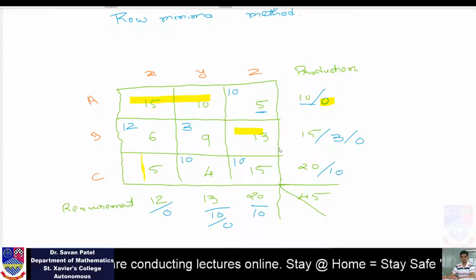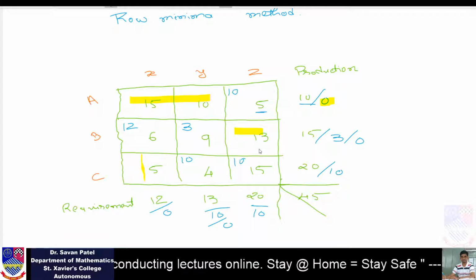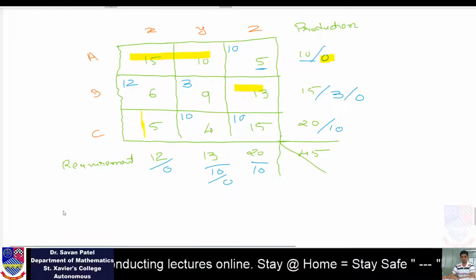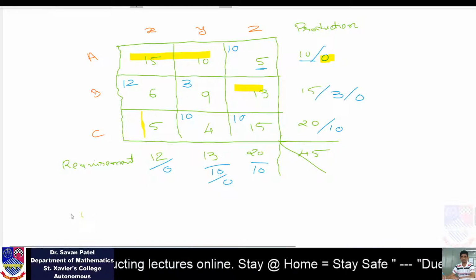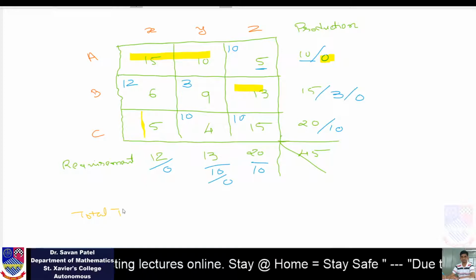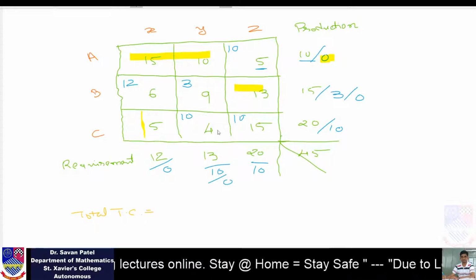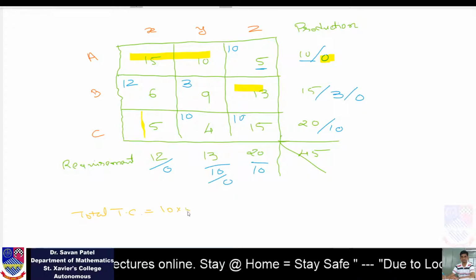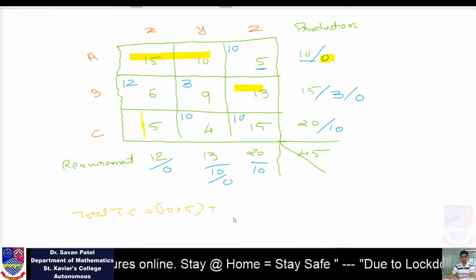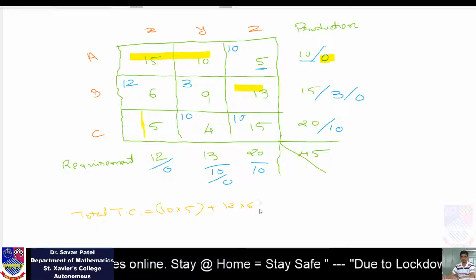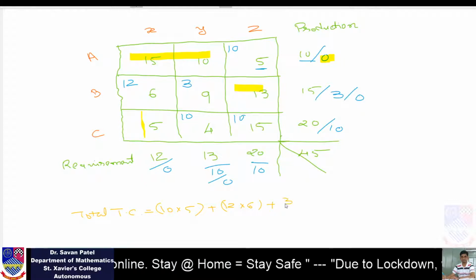Let's see what the transportation cost is for this row minimum method. So the total transportation cost, let me write it analytically. Total transportation cost: here it is 10 times 5. Then here it is 12 times 6. Then here 3 times 9.